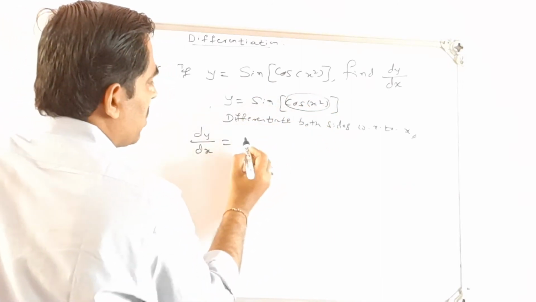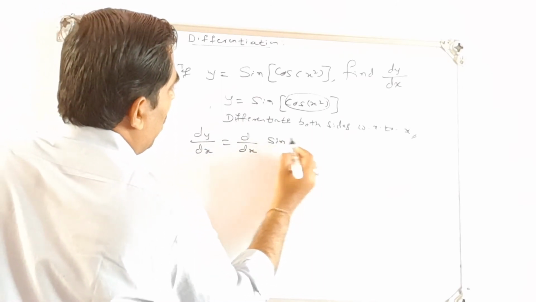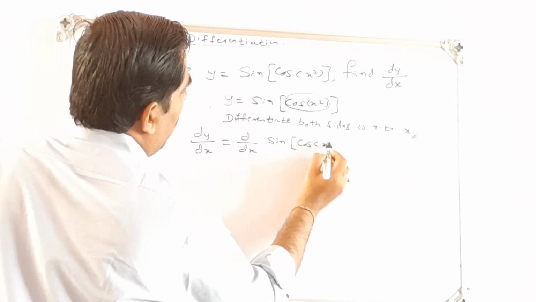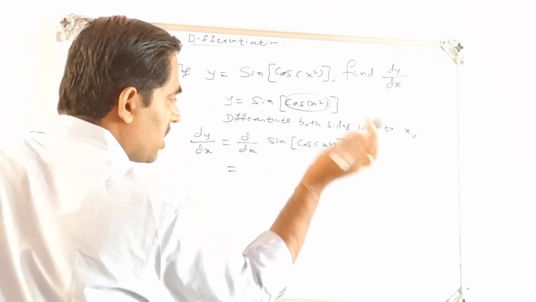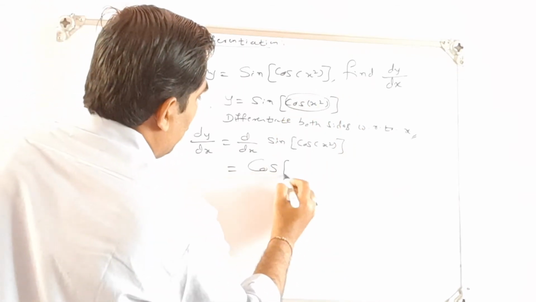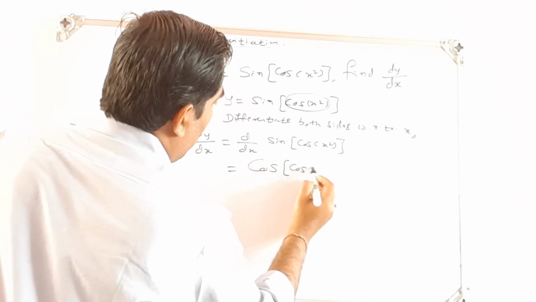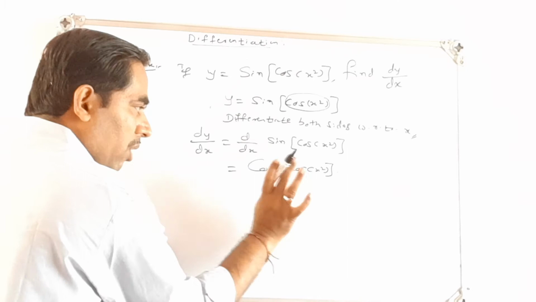So the derivative of sine x is cos x. So I should write cos of whatever the inside quantity is, cos of cos x square.